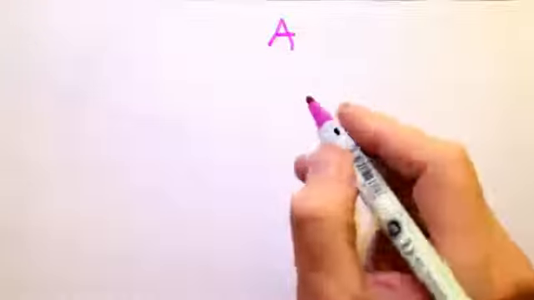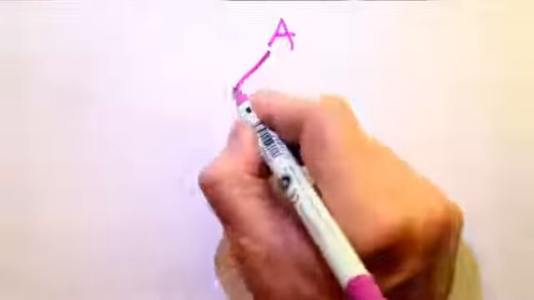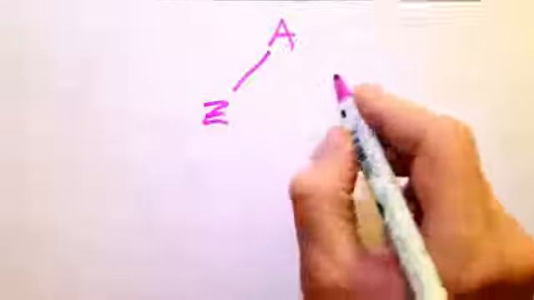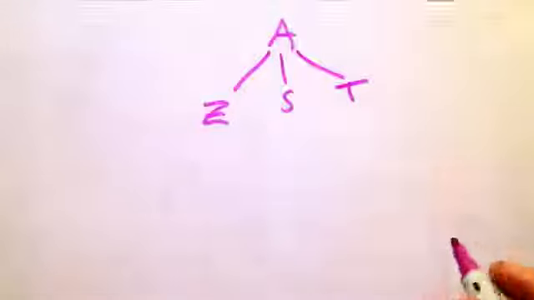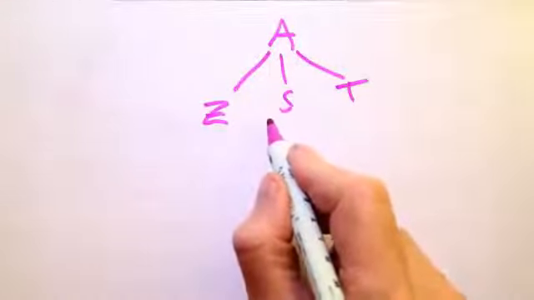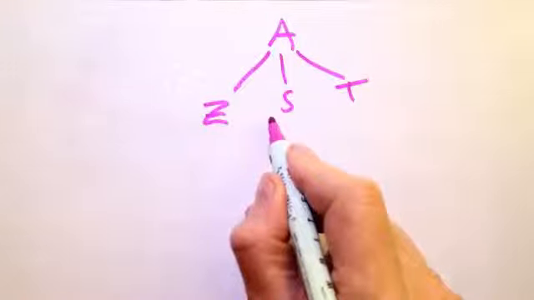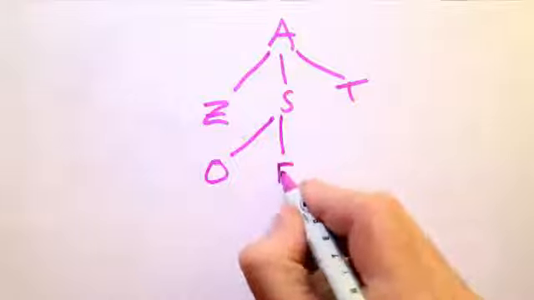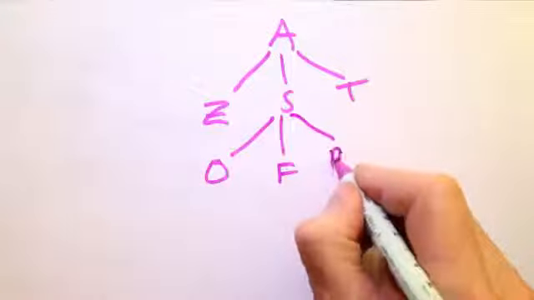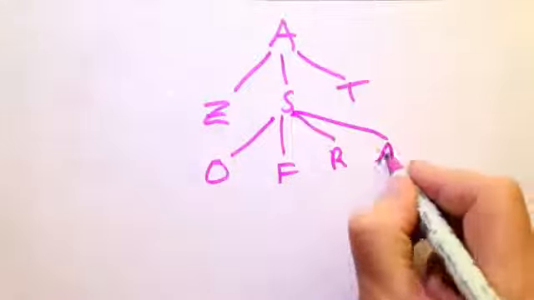We start off in state A, and in state A there were 3 actions, so it gave us paths going to Z, S, and T, and from S there were 4 actions, so that gave us paths going to O, F, R, and A, and then the tree would continue on from here.